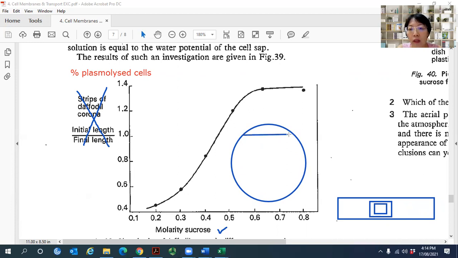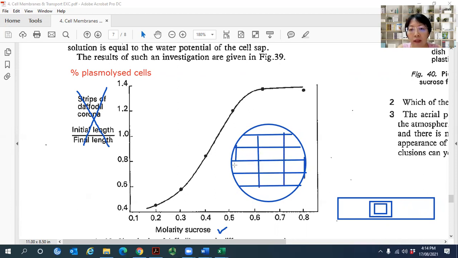What you need to do is look at all the cells that you have here, or in exam time, the students are asked to choose 10 cells randomly. So maybe in this magnification, you look at the cells and you see a lot of plant cells, epidermal cells.